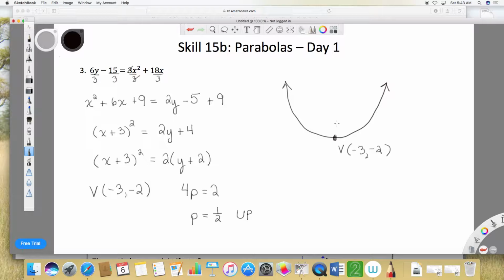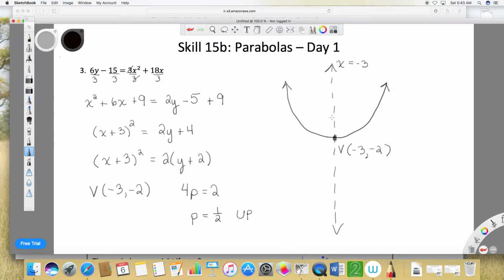I know that the axis of symmetry is a line that passes through this vertex. This vertical line is going to have the equation x equals -3.